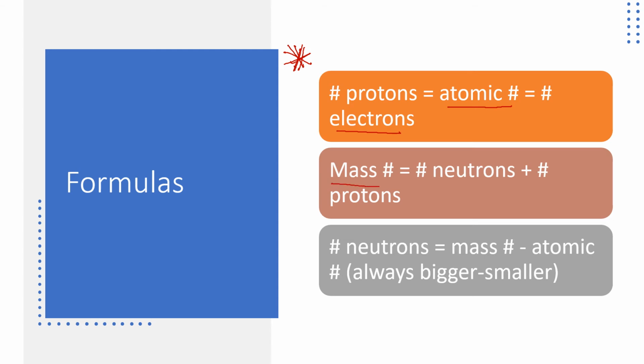Our mass number is going to be equal to our neutrons plus our protons. So we can reverse this and say that our number of neutrons, how do I calculate the number of neutrons? This is going to be the mass minus the atomic number, okay?